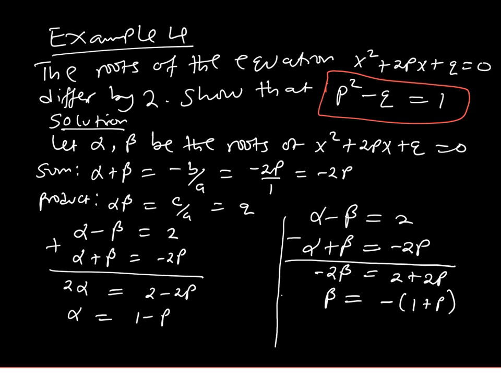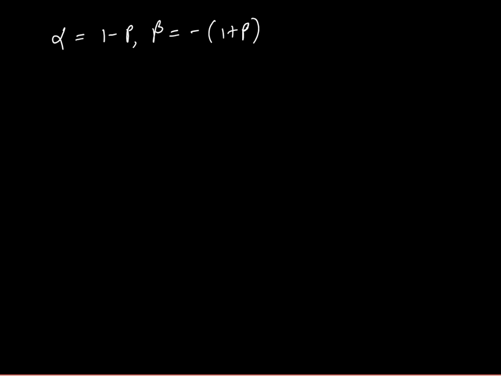Okay, let's go ahead and finish. So alpha is 1 minus p, beta is equal to the negative of 1 plus p. But we know that alpha beta is equal to q. Okay, so 1 minus p into 1 plus p, that is the negative, will give us q.